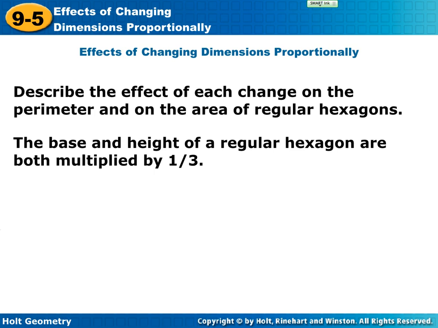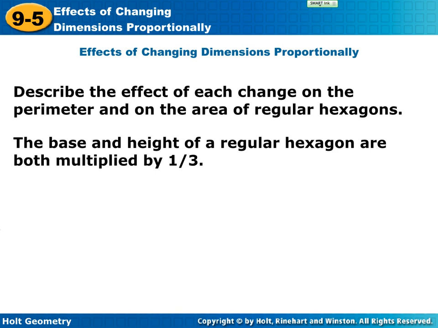Okay. How about we've got a regular hexagon. The base and height of the regular hexagon are both multiplied by 1/3. So everything's going to be 1/3 as big. What's going to happen to the perimeter total? Changing both dimensions, same thing that we did on the last screen.